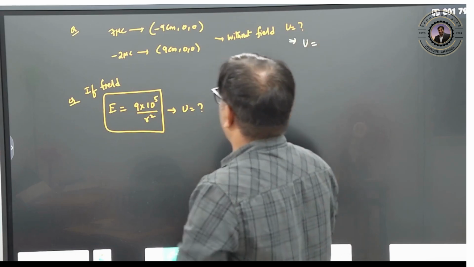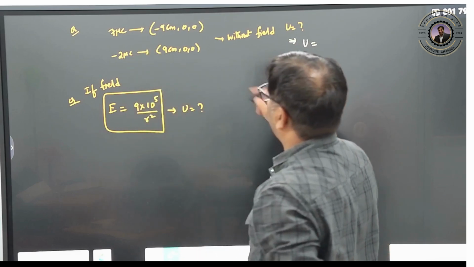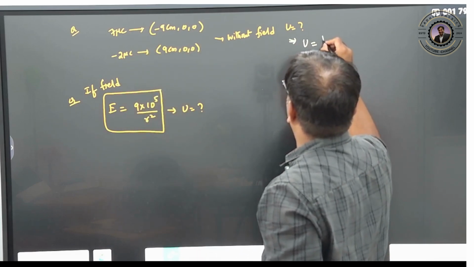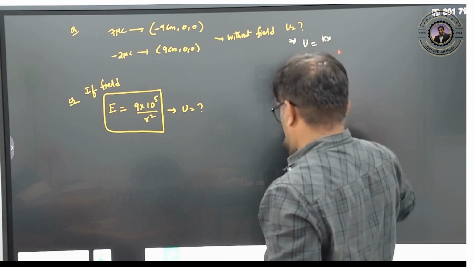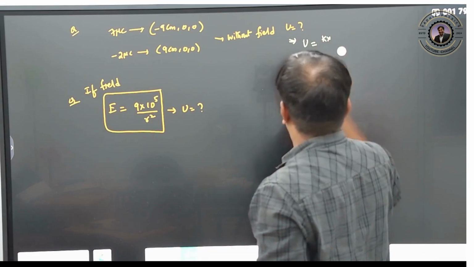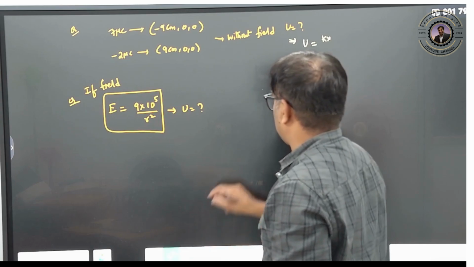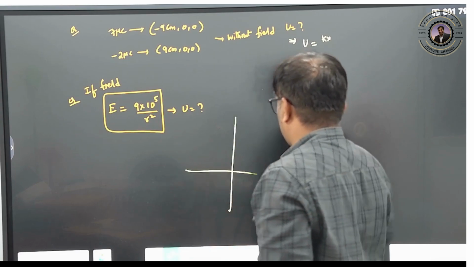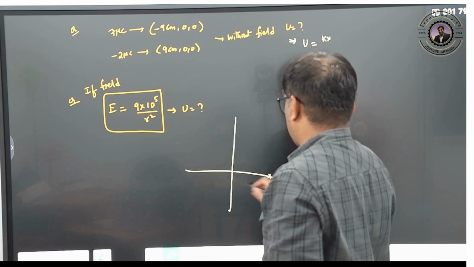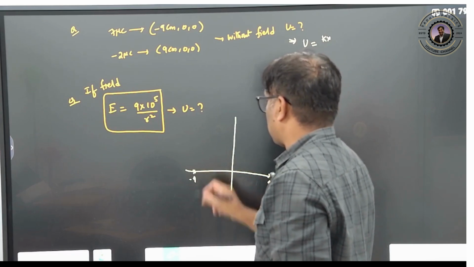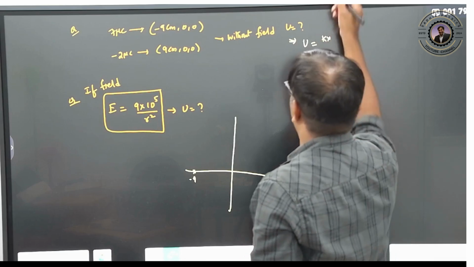So where is it located? Therefore it will be the potential energy of the system, k into, so distance between them. See where they are located: one is at 9 and another is at minus 9. So what will be the potential energy?